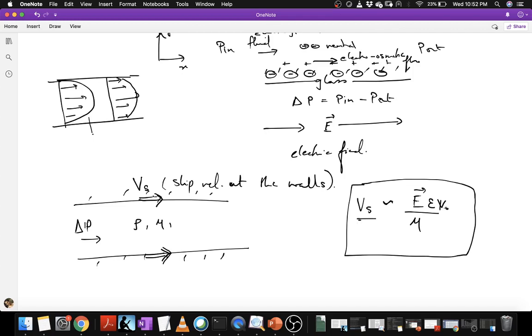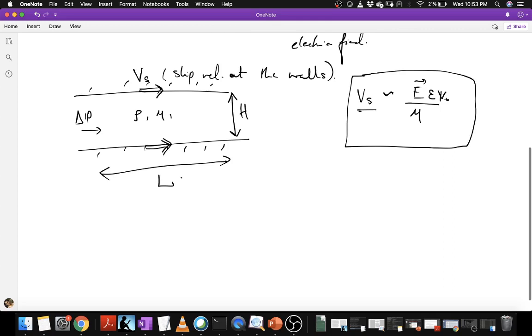And how can I meaningfully compare the effect of the slip velocity to the effect of the applied pressure gradient? And how does that competition depend on the size of the channel? In this case, the width between the parallel plates, which I will call capital H. The length of the channel is L, the height of the channel is capital H. Delta P is the pressure drop applied over the channel, and the fluid has a viscosity mu and a density rho.